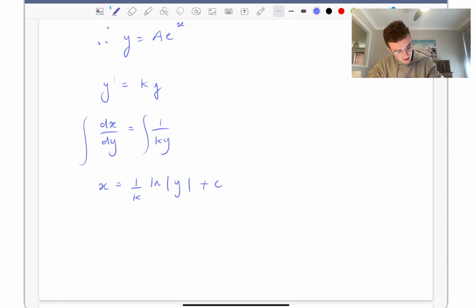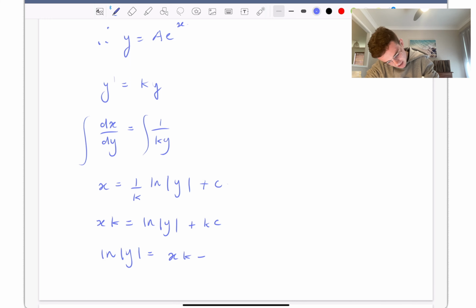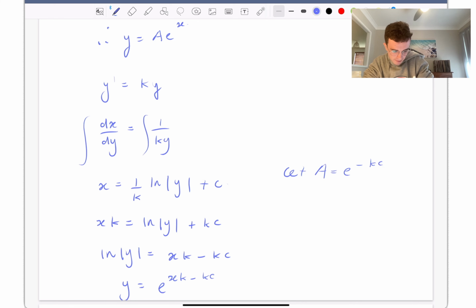Now we're going to times everything over. xk is equal to ln of y plus kc, times everything by k, which means ln of y is equal to xk minus kc, which means y is equal to e to the xk minus kc. And we're just going to quickly let a equal e to the minus kc. So therefore, y is equal to a e to the kx.